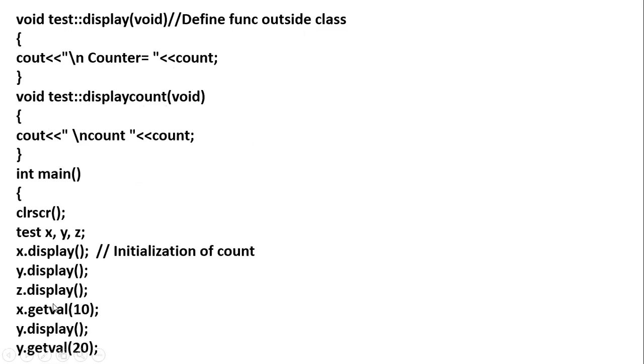Now how will it execute? In the main function we have created three objects of class test: x, y and z. Now I am calling x display. Whenever you call x dot display, it goes to the display function, and at this time the value of count is 0, so it will display 0.